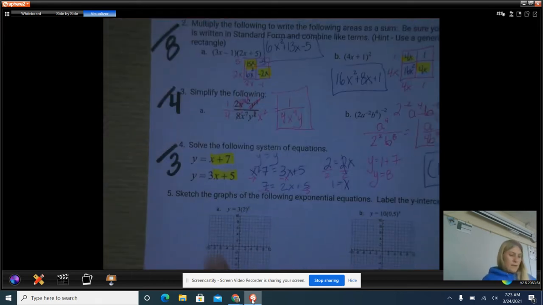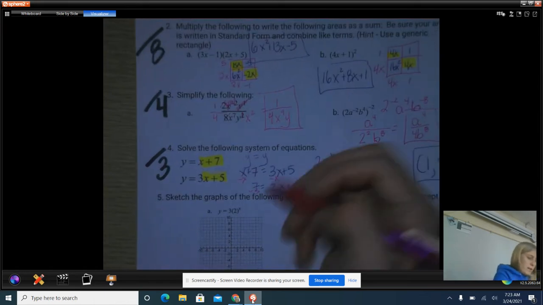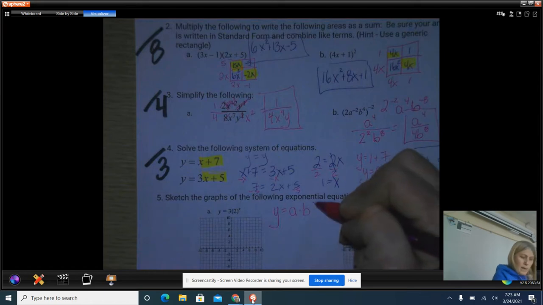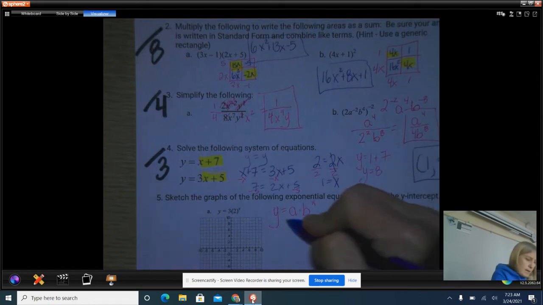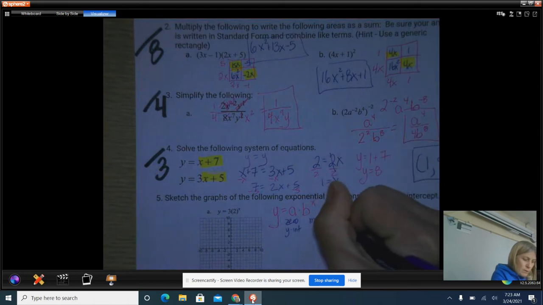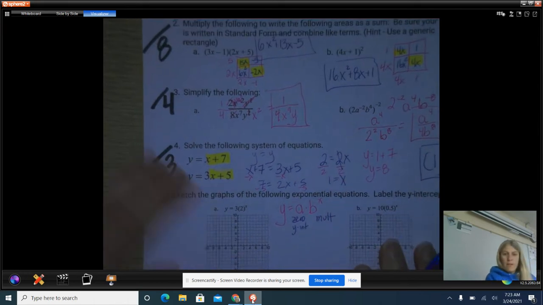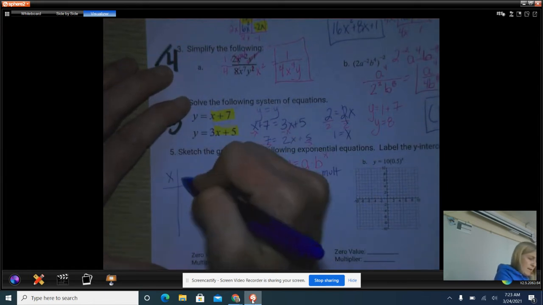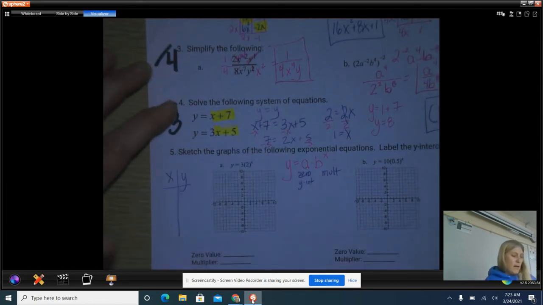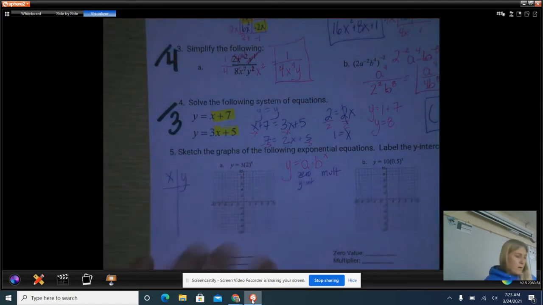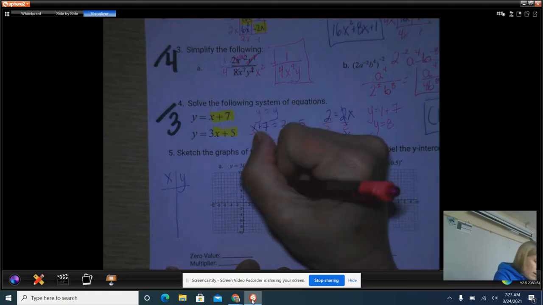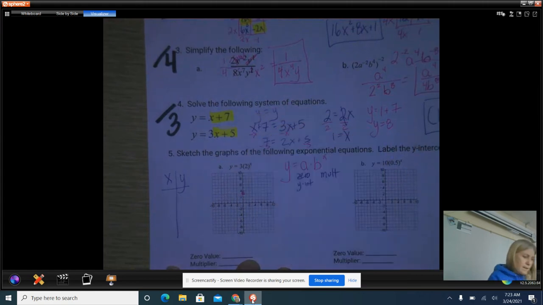Okay, now this, of course, is an exponential function, and my exponential functions are y equals a times b to the x power, where a is my 0, which is also my y-intercept, and b is my multiplier. There's a number of ways that you can do this. I like to go ahead and make a table to sketch, or you can use what you know. So I know that 3 is my 0, so I would plot a 3 on the axis.